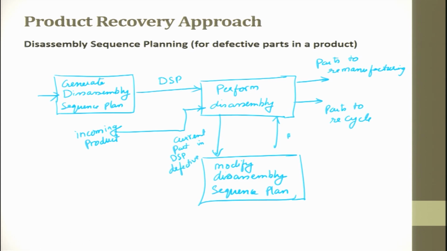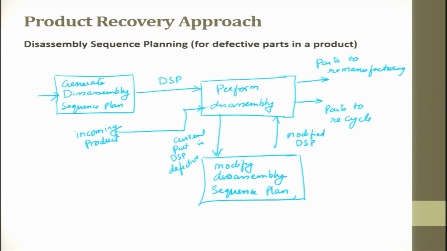Okay. This is the modified DSP. DSP is disassembly sequence plan. So, it is generating a disassembly sequence plan. Then the plan is given here, and performance disassembly is carried out. So, you try to separate out remanufacturing and recycling, and then the modified disassembly sequence plan is done. So, this is given back. Again this gets reiterated and we start doing it.